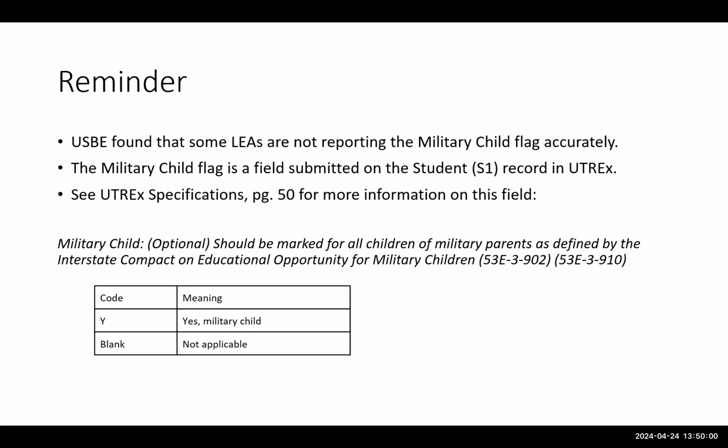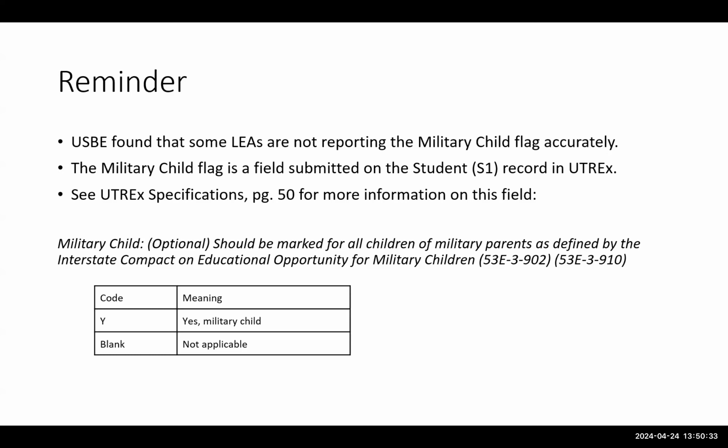So it is an optional field in Utrecht, again on the student record. This definition and code table is coming directly from the Utrecht specifications, and I gave the reference in the current specs if you want to refer to that. But it should be marked for all children of military parents as defined by the Interstate Compact on Educational Opportunity for Military Children.